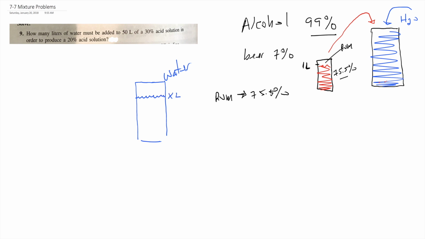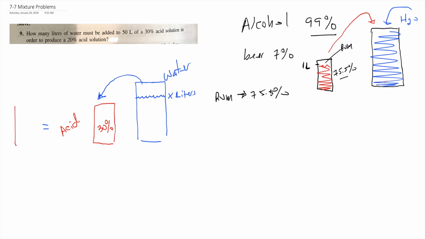So it's X liters, and then you have your acid, a 30% acid solution, and you add this water, and you're going to get some sort of new acid solution.